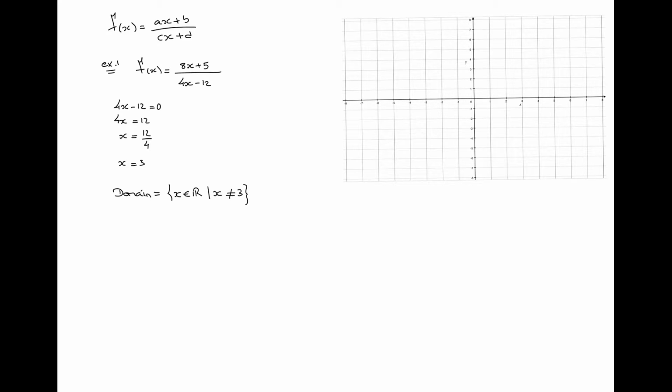Now, on top of this, this rational function will also have a vertical asymptote. And its vertical asymptote has an equation. I'll just write vertical asymptote. And its equation is quite simply x equals 3.